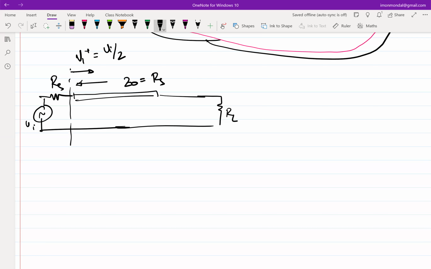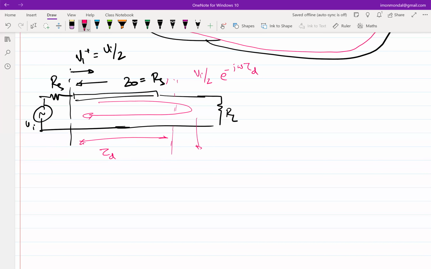So what is the reflected wave now? The reflected wave is this guy goes all the way, comes back. The reflection happens at this node, and the forward going wave here is Vi by 2 e to the power minus j omega tau d, where tau d is the delay of the line. So the reflected wave at this junction is gamma L times Vi by 2 e to the power minus j omega tau d.